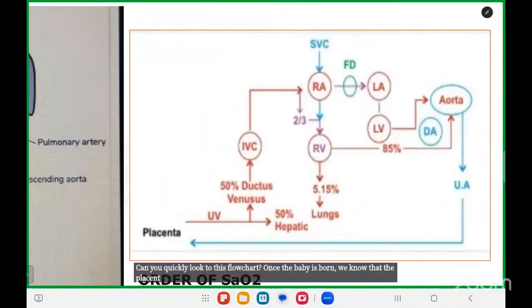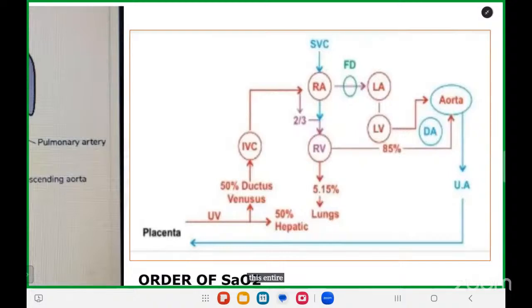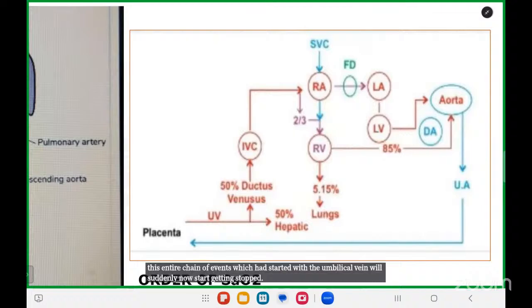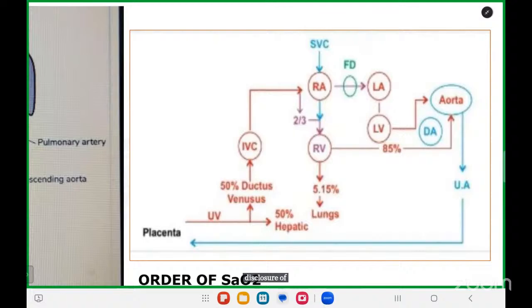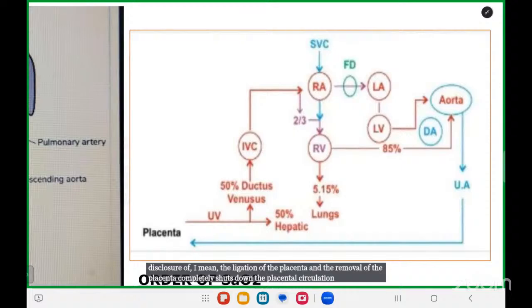The moment the placenta is cut, this entire chain of events, which had started with the umbilical vein, will suddenly start getting stopped. The ligation and removal of the placenta completely shuts down the placental circulation, which clearly means all the shunts that we talked of, the ductus venosus, the foramen ovale, the ductus arteriosus, will now have to close with time.